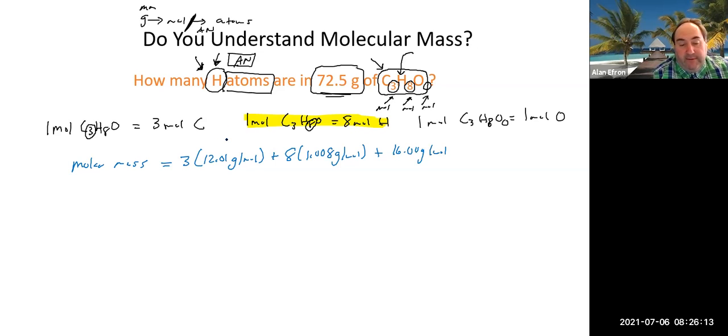So this is basically our C3, our H8, and our O, right? Just basically where all that's coming from. And if we add all that together carefully, 3 times 12.01 plus 8 times 1.008 plus 16, looks like we get 60.09 grams per mole.